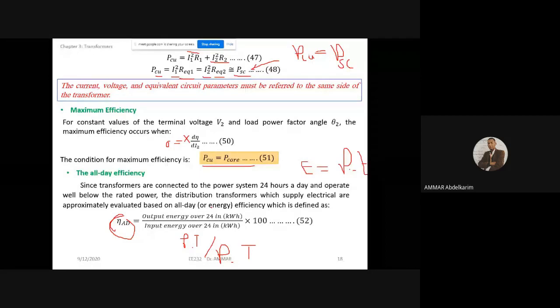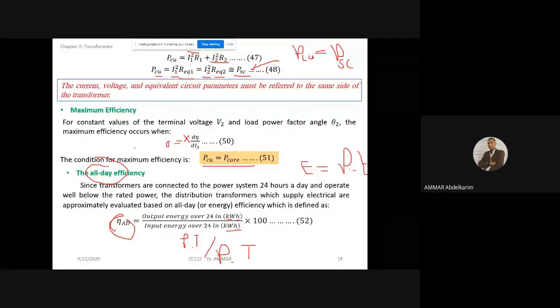But maybe you will have a transformer in your house that is not working 24 hours per day. So the output energy over 24 hours, kilowatt, which is the unit of the power, times hour, which is the unit of the time, over the input energy, also measured in watt hour or kilowatt hour. This is the meaning of the energy, which is the power times time, and the all-day efficiency is the output energy over the input energy. That's why 24, because we call it all day.